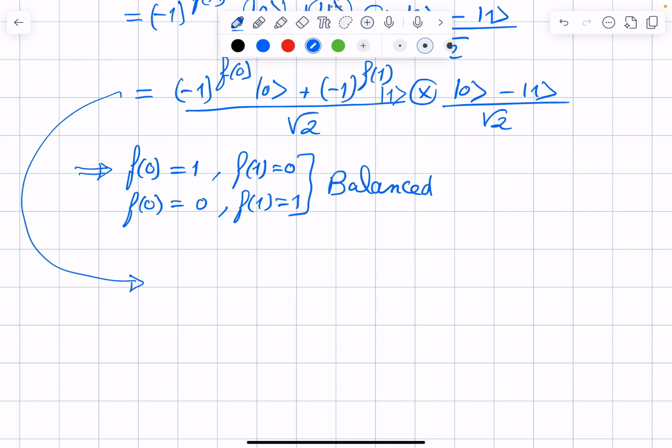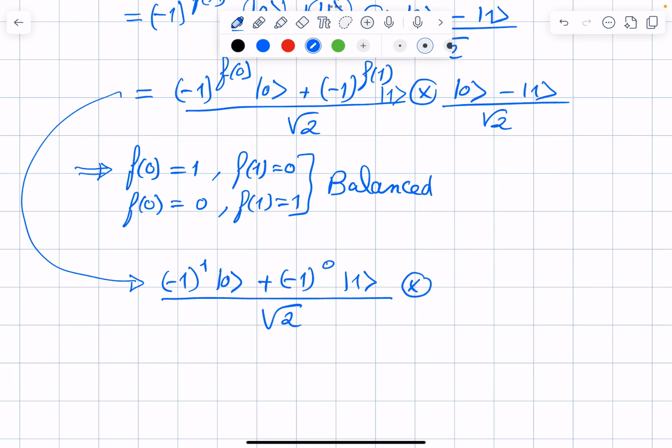So what we'll have is minus 1 to the f of 0, which is equal to 1, times 0, plus minus 1 to the f of 1, which is equal to 0, times 1 over square root 2 tensor with 0 minus 1 over square root 2.